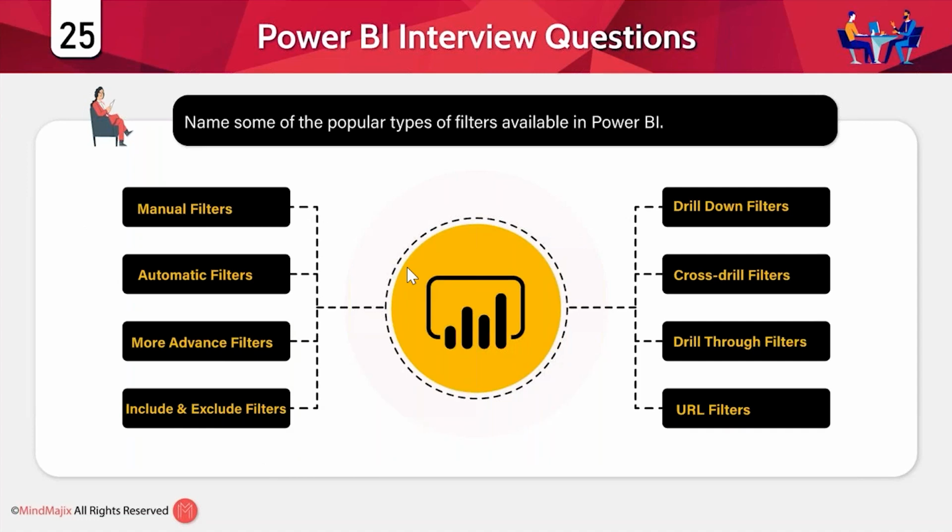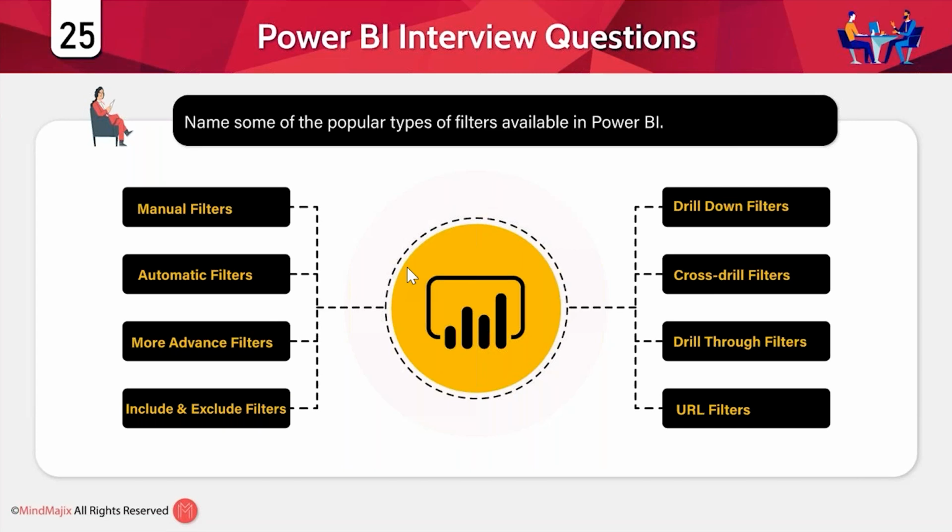Coming on to the 25th question, which is: name some of the popular types of filters available in Power BI. This is a quite frequently asked question. You must know the typical kinds of filtering available in Power BI.